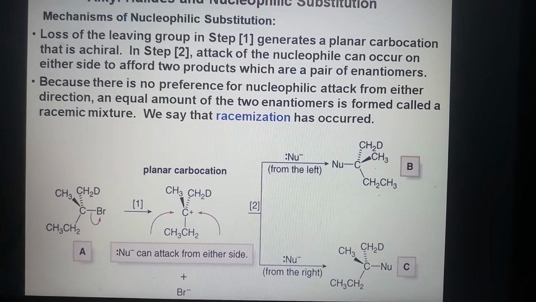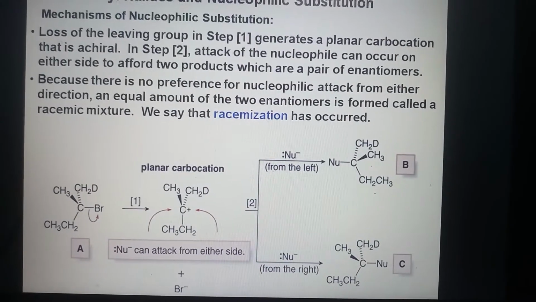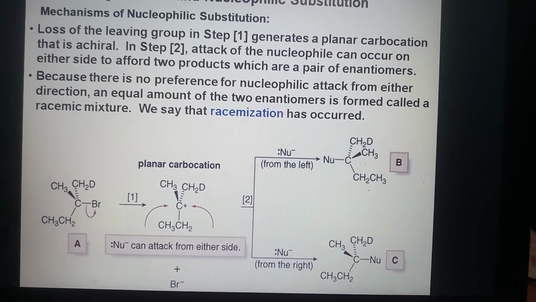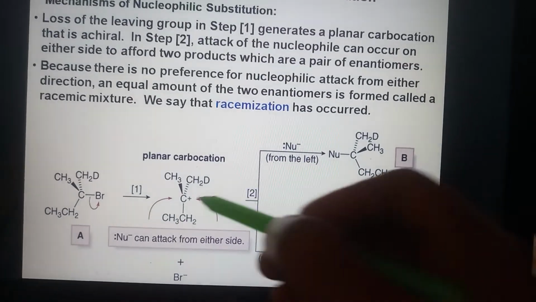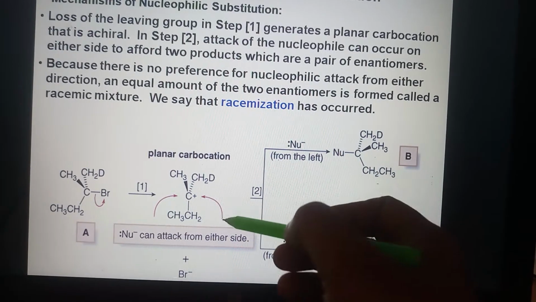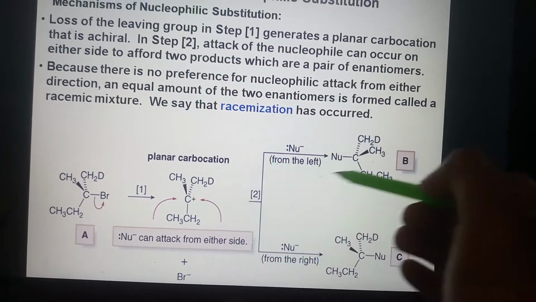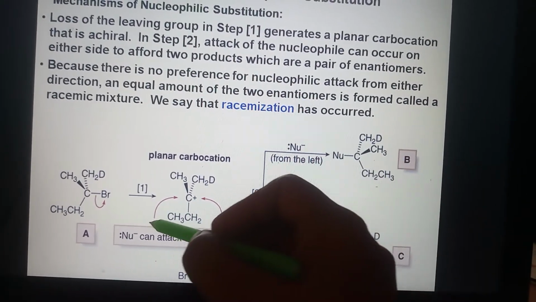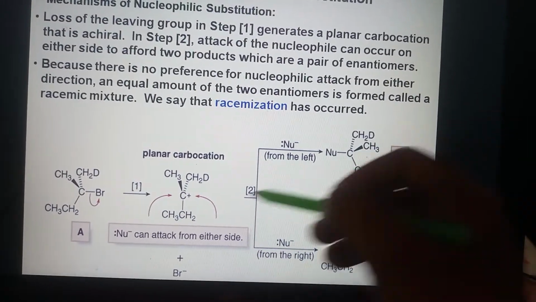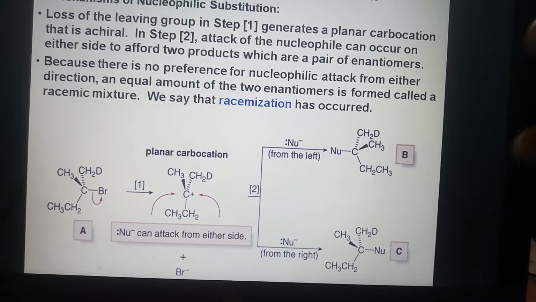In step 2, attack of the nucleophile can occur on either side to afford 2 products which are a pair of enantiomers. So a nucleophile can attack from this side or this side. If it attacks from the left, we get this one, and if from the right, we get this one.